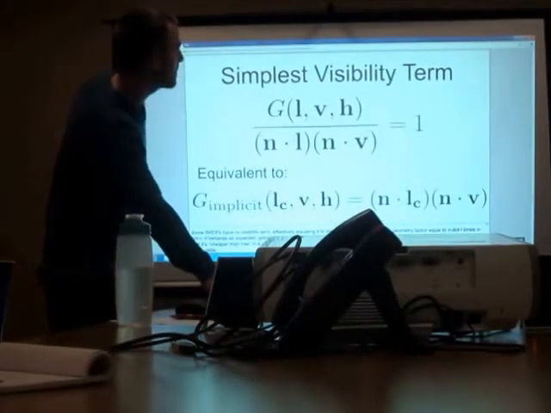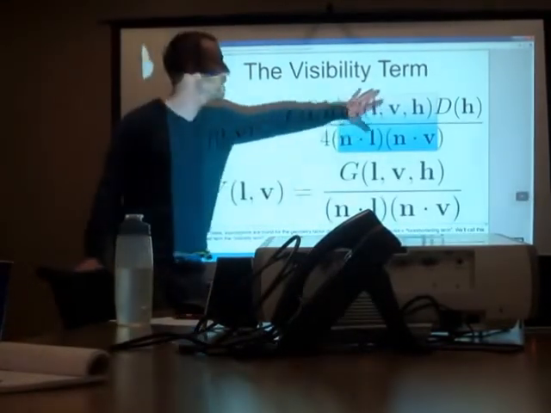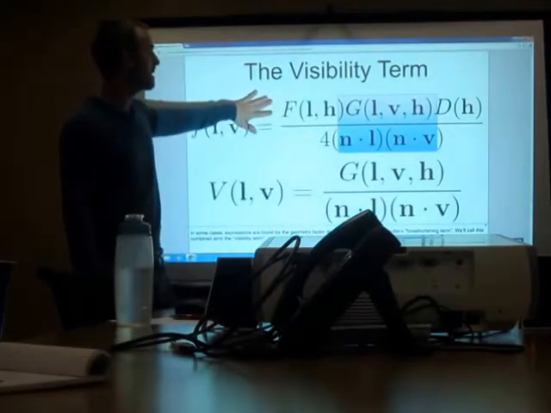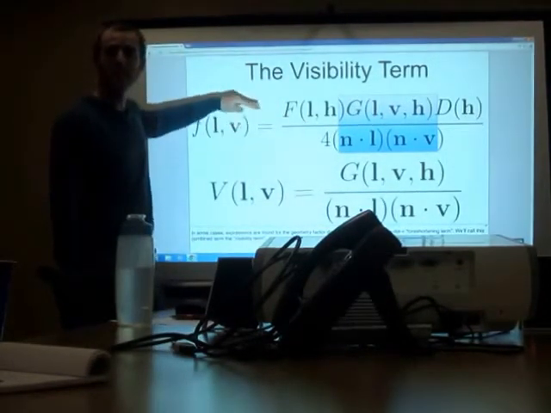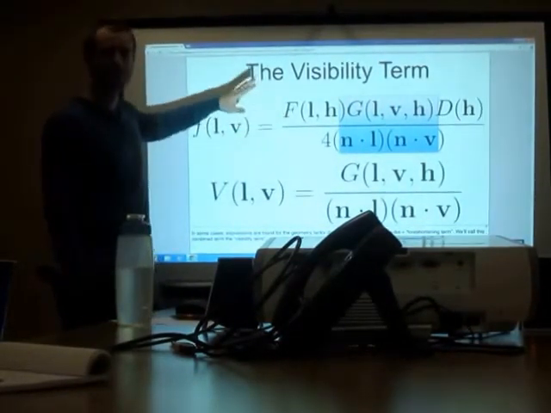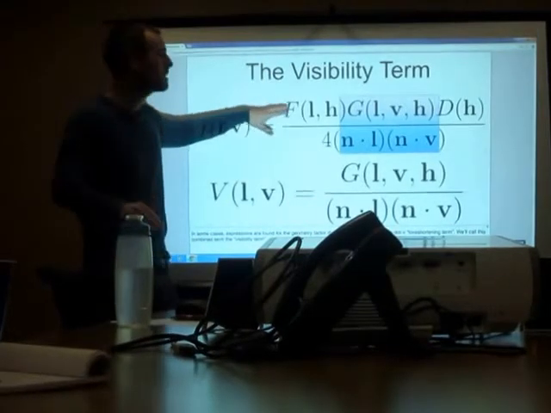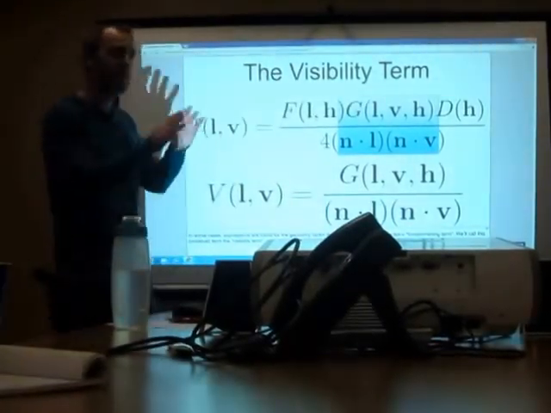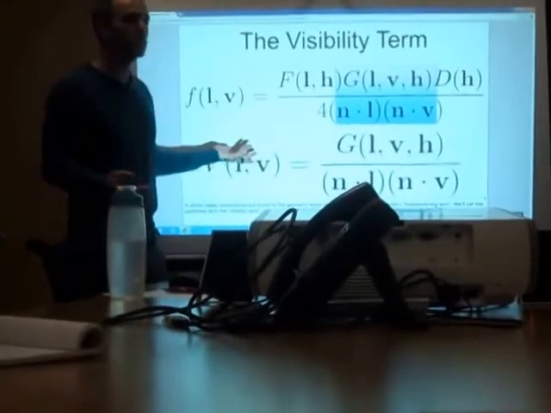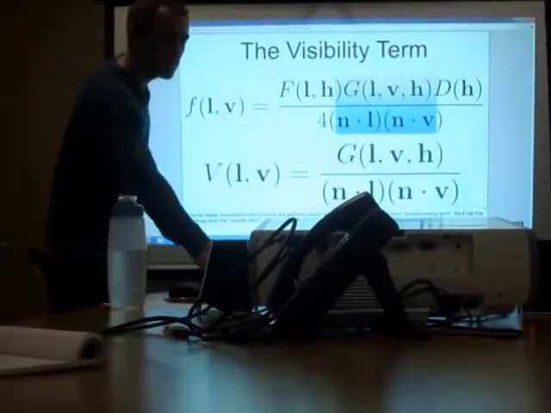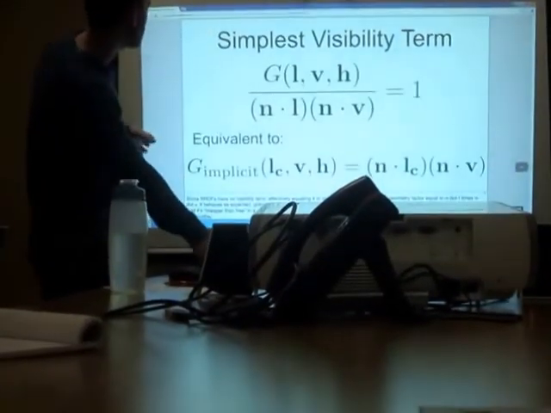And so if you put a 1 for all of this stuff, then you can see it really simplifies things. You have that Fresnel term, which is your specular texture going up to white, and then you have the shape of the highlight, and divided by 4. I mean, that's pretty simple. Some more complicated terms.